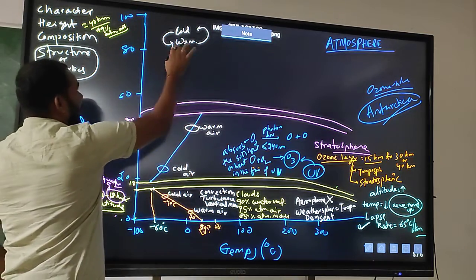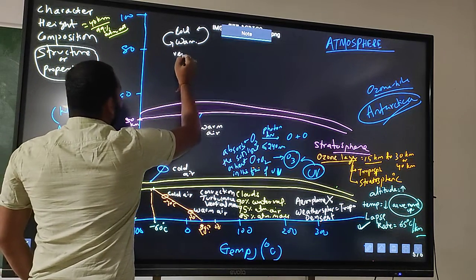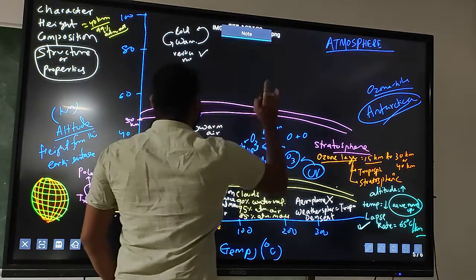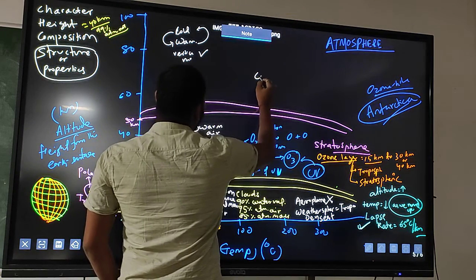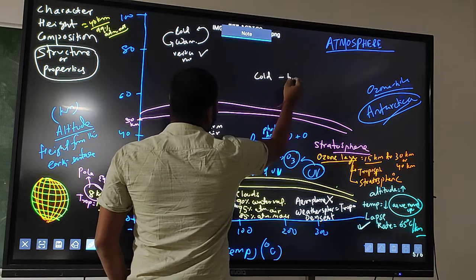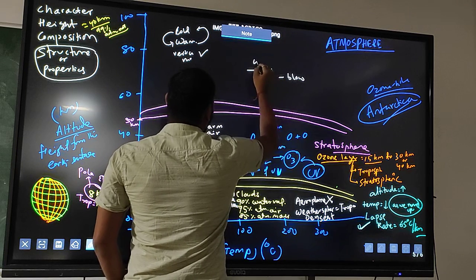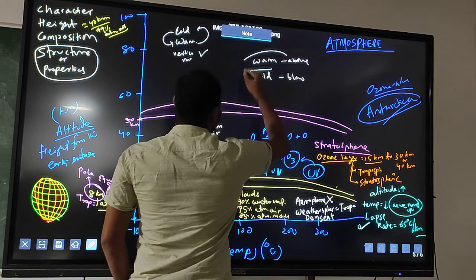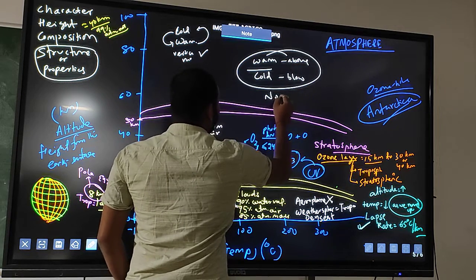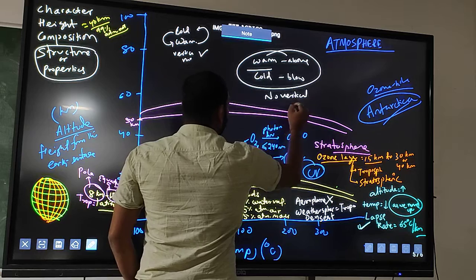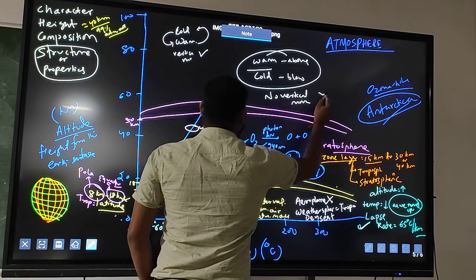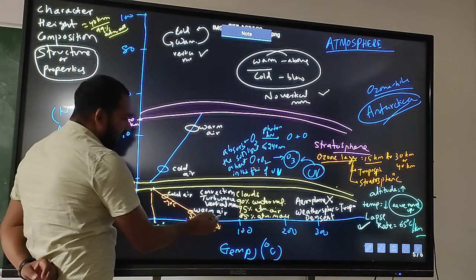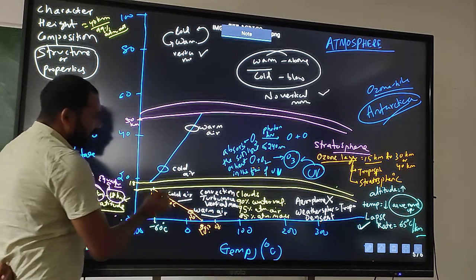So there will be a vertical movement of the air. But remember, if cold air is present below and warm air is present above, then there will be no vertical movement.